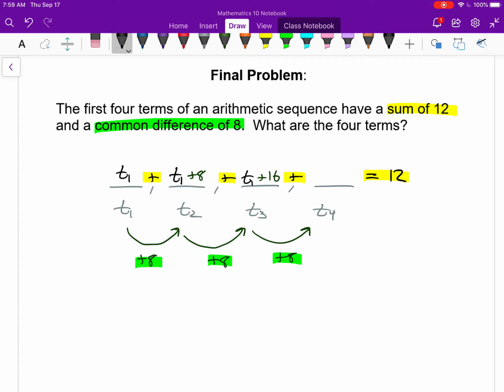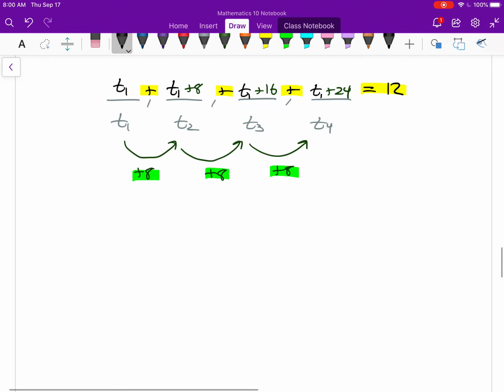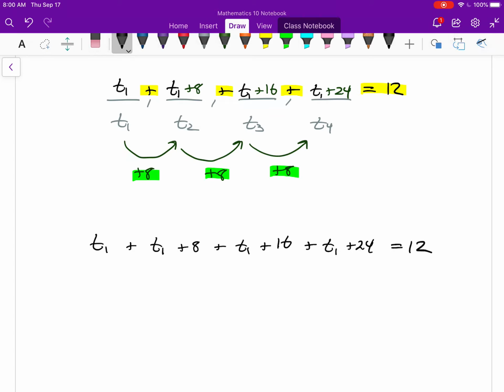And my fourth term is going to be the same as the first term, plus 8 plus 8 plus 8, or plus 24. So now what I have up there is getting a bit messy, so let me write it a bit neater. I know I have an equation. I know that T1 plus 8, plus T1 plus 16, plus T1 plus 24 must all equal 12.